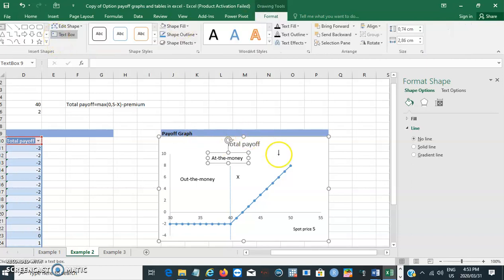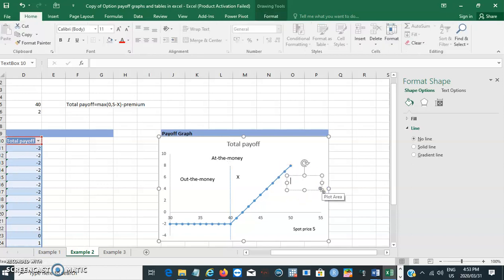Again, I have this region, this side, where you are in the money. You can as well shade these so that you can at least identify them quickly, if, for instance, someone is interested in understanding this.